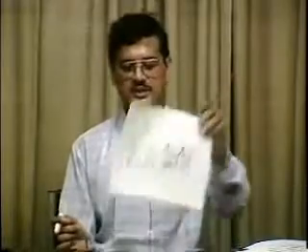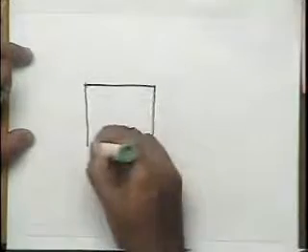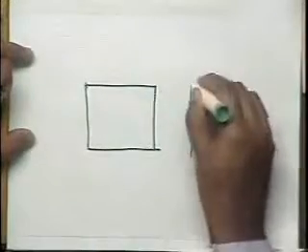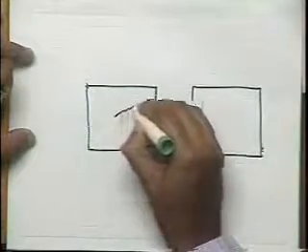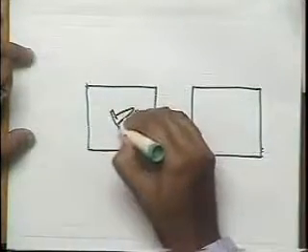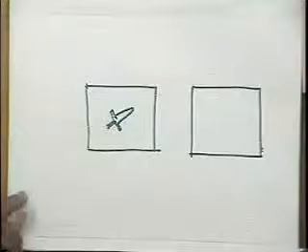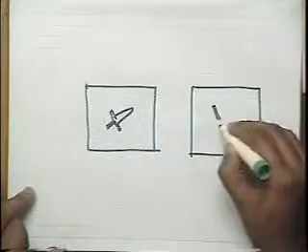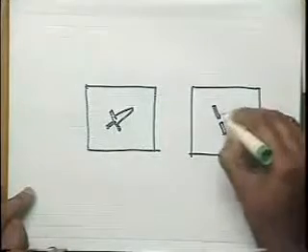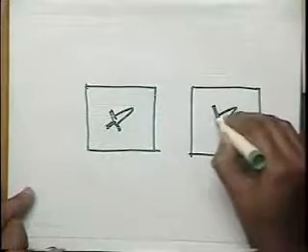Somebody has mentioned the application in case of moving objects. That's also an excellent application. Say for example, we have two frames of an image, and there is an object like this in the first image, and we would like to see whether this object has moved in the second image or not.